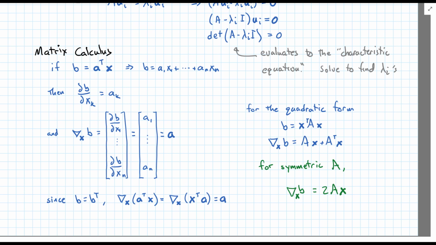And if we had A as a scalar and X as a scalar, we would have had B is equal to A X squared, and the derivative would have been 2AX. So once again, this looks like a natural outgrowth, if you will, of scalar calculus. But this property only holds for symmetric matrices A.